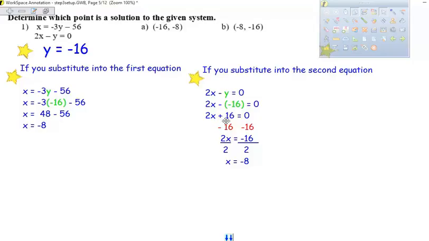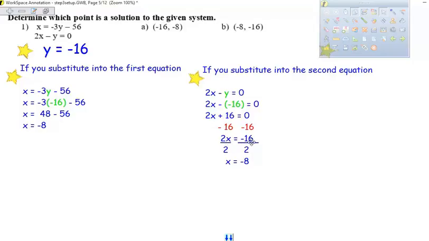Then we need to go through and do letters on one side and numbers on the other. So we're going to subtract 16 from both sides, because if you subtract 16 here to get that to go to 0, I have to do the same thing on the other side of the equal sign, which then will leave us with the 2x, because we didn't do anything with the x's, so they're going to drop down.